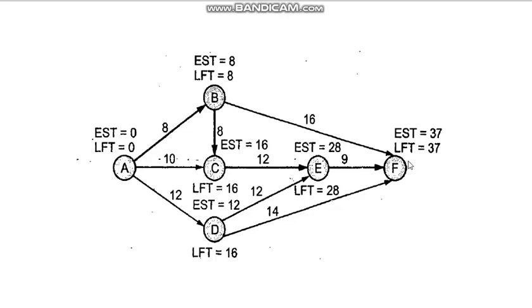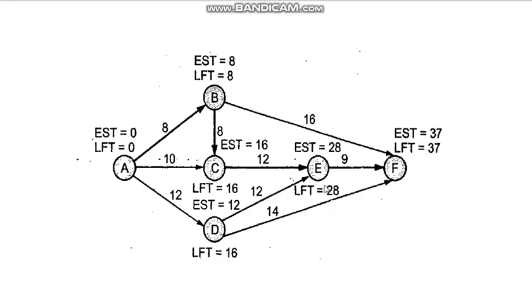The LFT of the starting node of an activity is the LFT of the end node minus the activity duration, which is 9. So 37 minus 9 gives you 28. So you have written the LFT of F and the LFT of E.